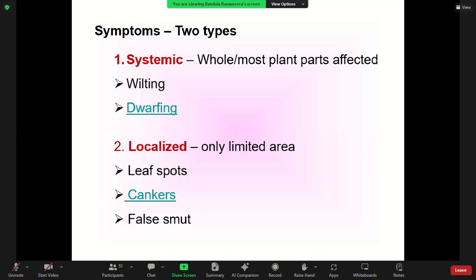So to control diseases, many methods are applied.